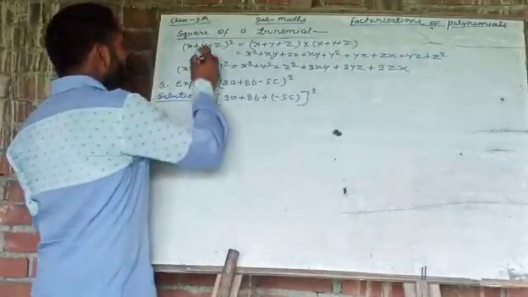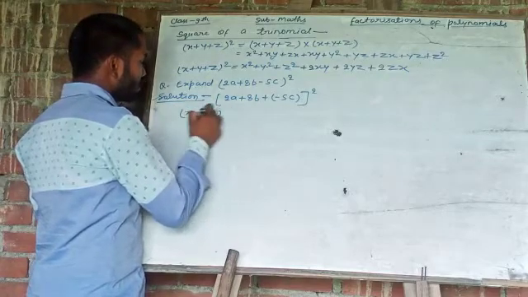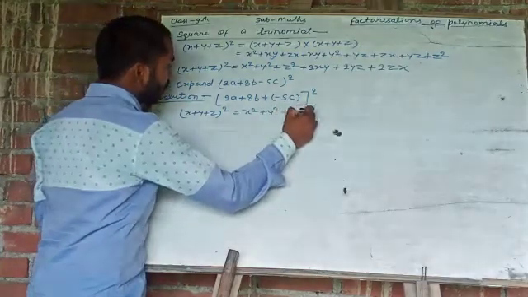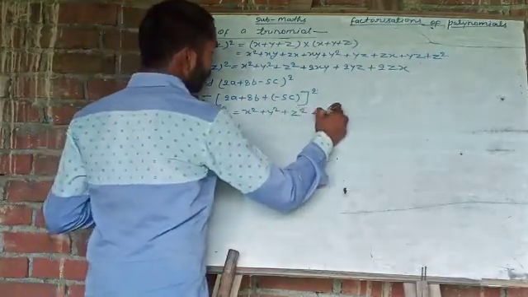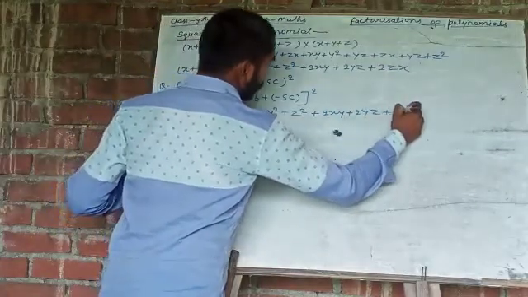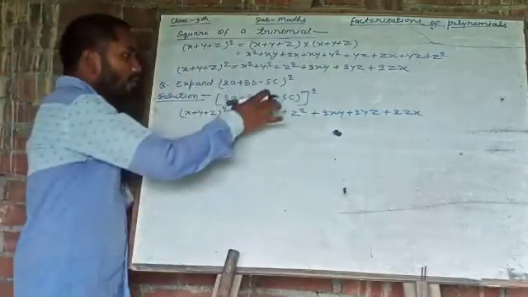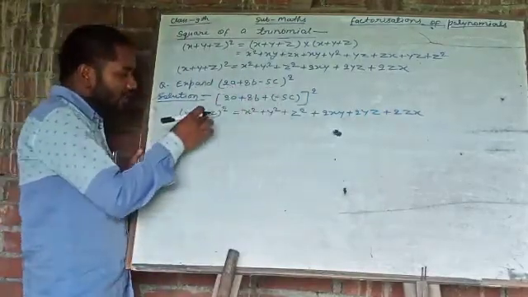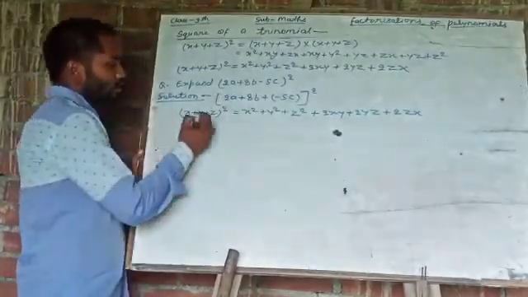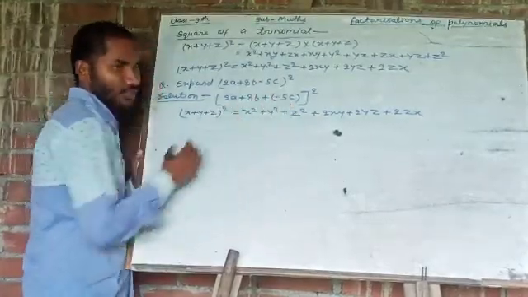So we know the formula that x plus y plus z whole square is equal to x square plus y square plus z square plus 2xy plus 2yz plus 2zx. Now we will substitute these values in this formula. So in place of x it will be 2a, in place of y it will be 8b, and in place of z it will be minus 5c.